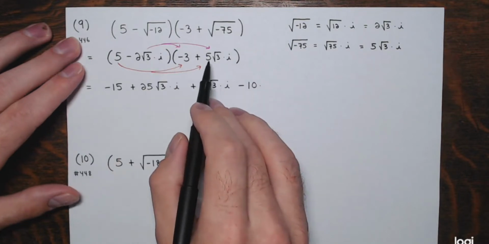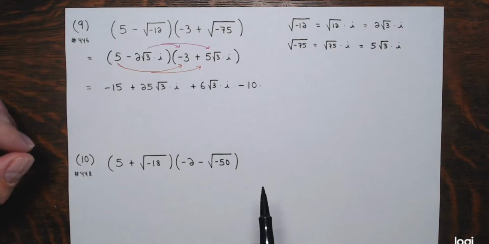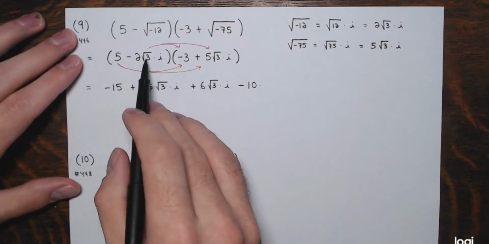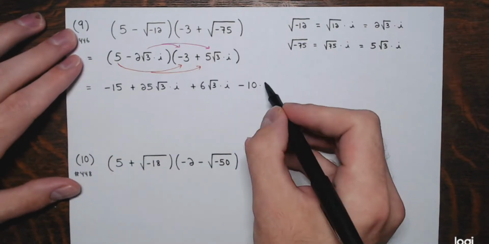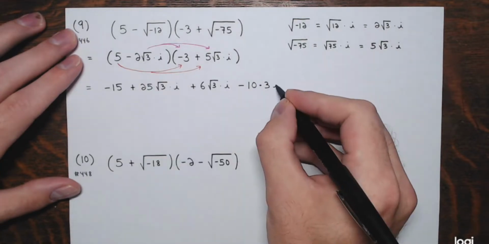You only multiply non-radical factors, and you can only multiply radical factors with the product property, right? Square root of 3 times square root of 3 is 3. So negative 10 times 3, and then you have I times I squared.